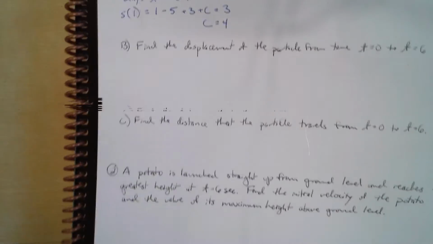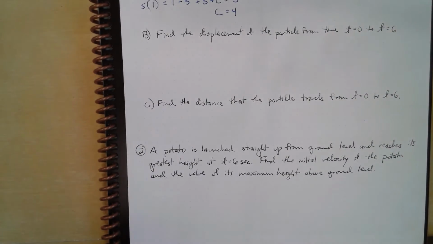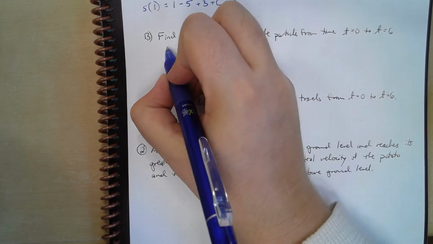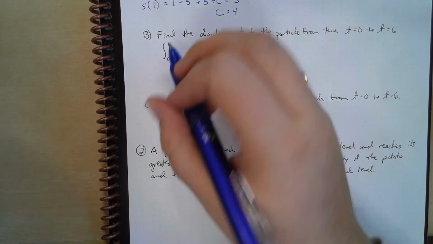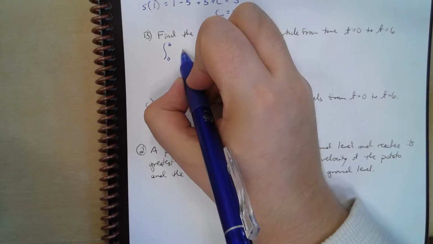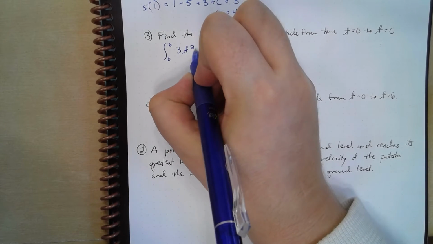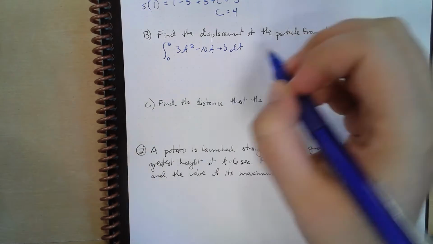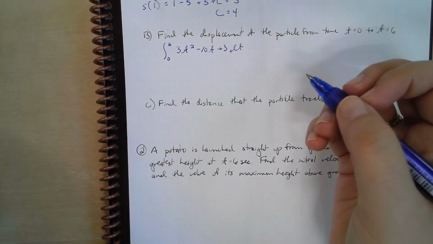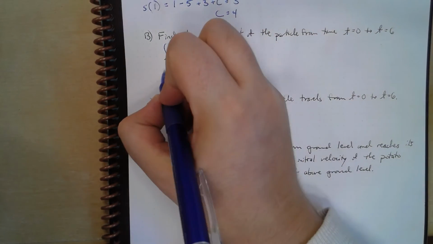So we want to find the displacement of the particle from time t equals 0 to t equals 6. Well, our displacement, as we learned earlier, is the integral from 0 to 6 of v of t, which is 3t squared minus 10t plus 3 dt. And you could put this in your calculator, but I'm going to actually do it.